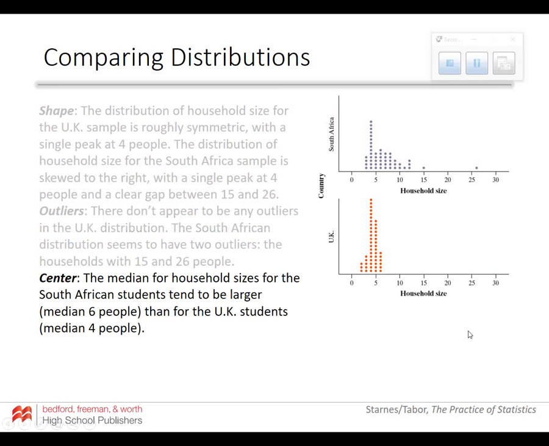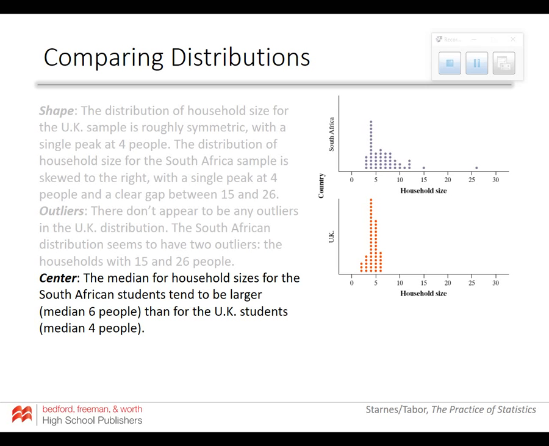All right, for center, now this one it actually states what the median is for these, but you don't have to do that. You can literally just say the median for household sizes for South Africa is larger than that of the UK. Period. You don't have to tell them what the median is. You just have to compare them.